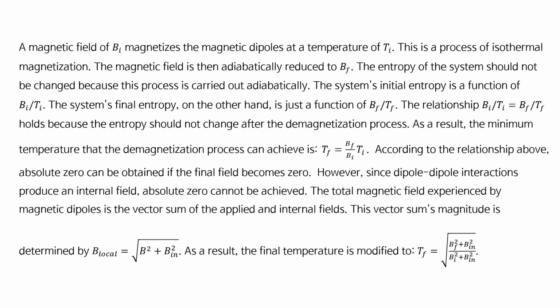The magnetic field of Bi magnetizes the magnetic dipoles at a temperature of Ti, so the initial temperature and initial magnetic field. This is a process of isothermal magnetization. The magnetic field is then adiabatically reduced to Bf.